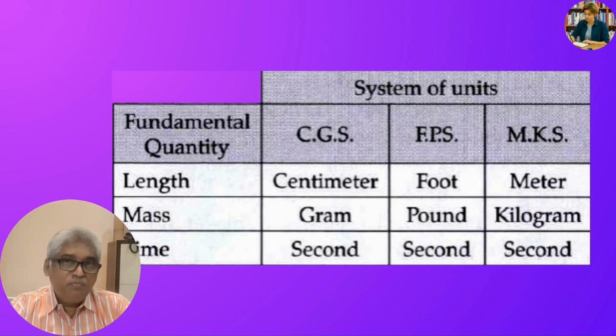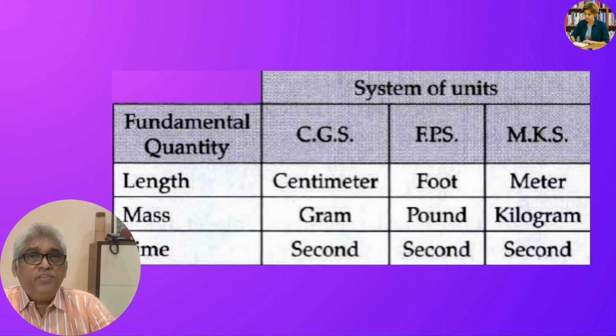For example, suppose you wanted to describe the height of any person, then we still say that it is 5 feet 3 inch or 5 feet 2 inch, like that. Or the area of any room, we normally describe as 10 by 10, meaning 10 feet by 10 feet. Or even a newborn baby's weight is described as a few pounds.